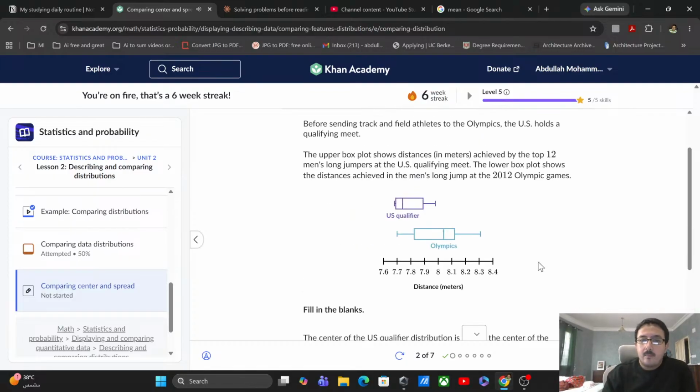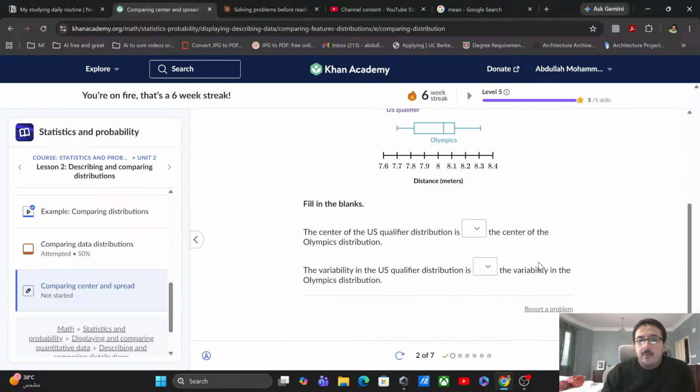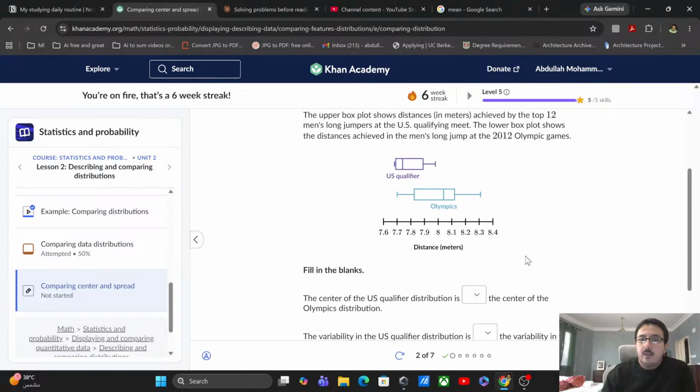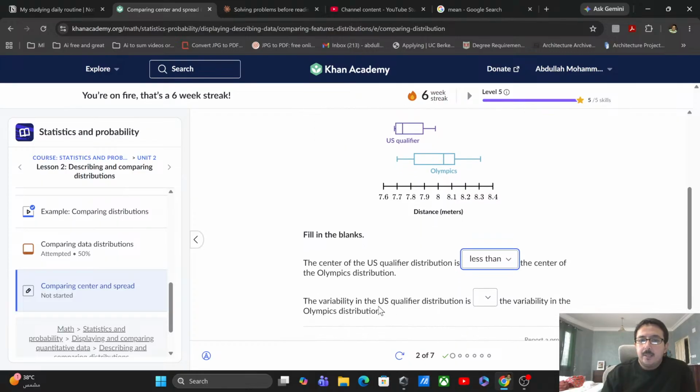Okay. Fill in the blank. The center of the US qualifier distribution. The Olympic distribution is less than the mean and the variability in the US qualified distribution.